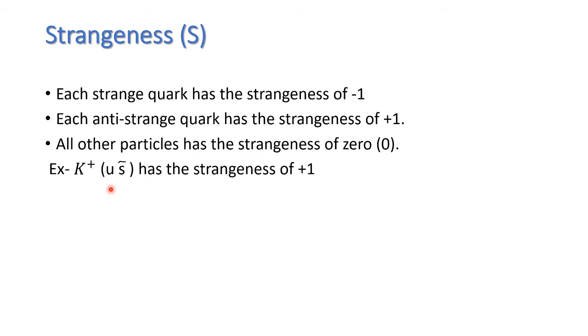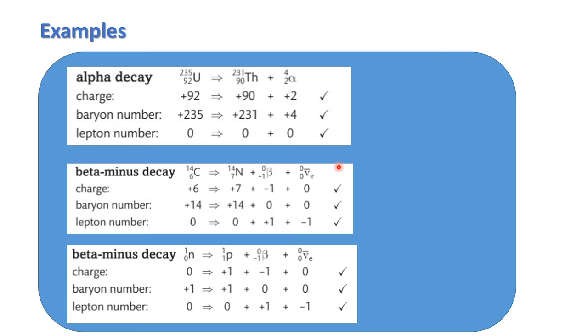So when it has the anti-strange quark, its strangeness is +1.